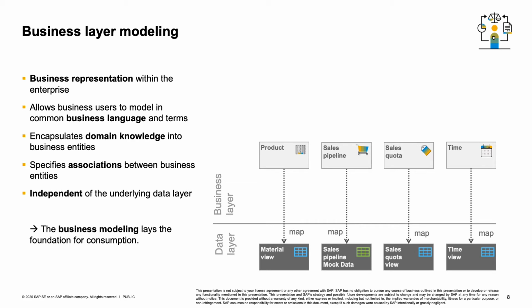So it is important to understand that the business entities, the business models, do not contain any persistence themselves, but they need to be mapped against a physical data entity where the physical data really resides, and only then can the models be executed and run.